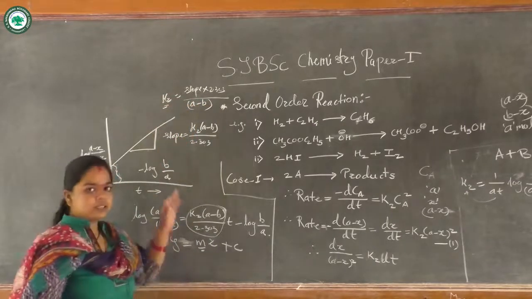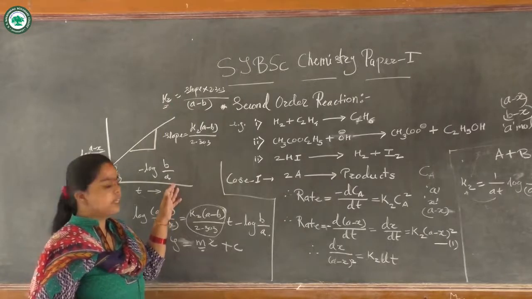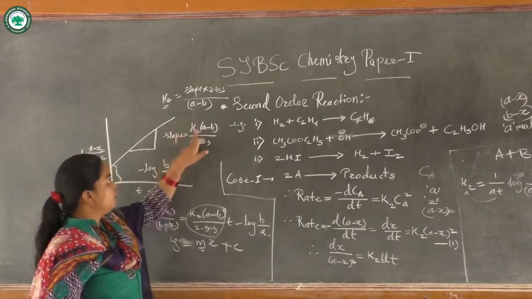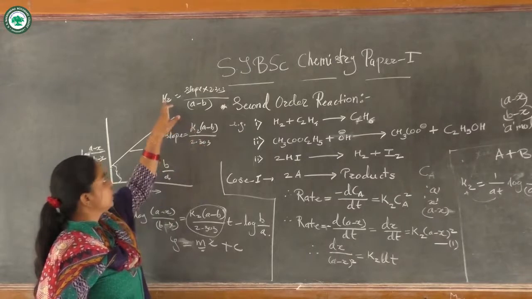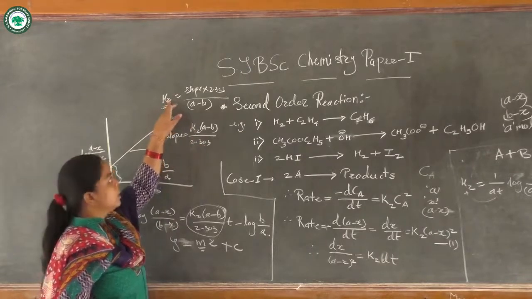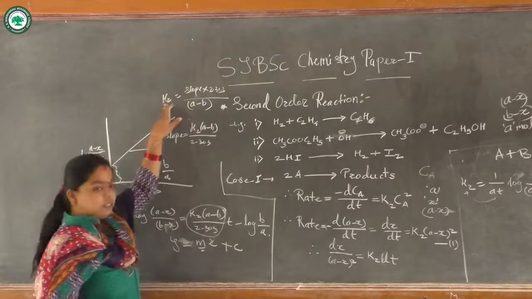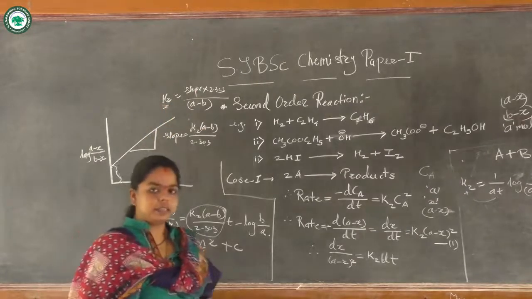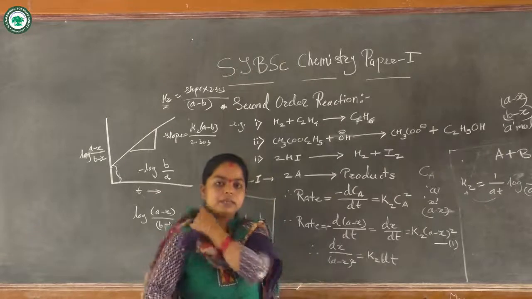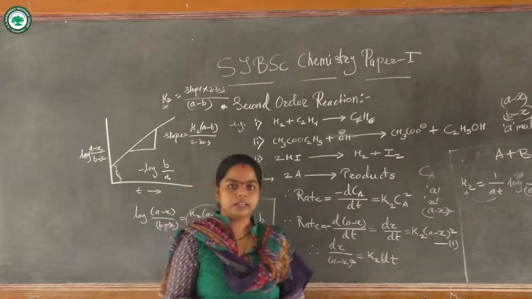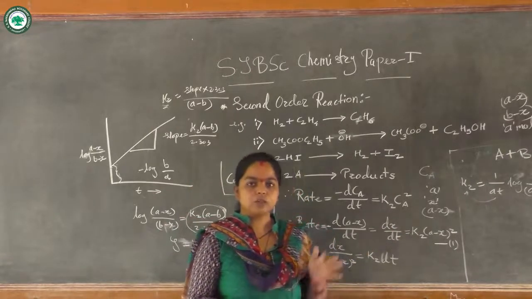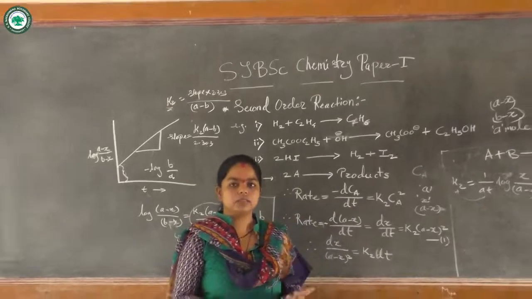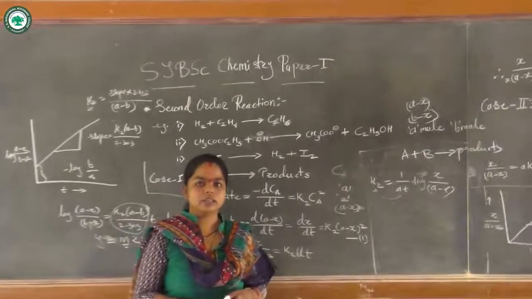So from this graphical method, the second graph is plotted, and from the slope we can calculate the value of k2, the second order rate constant. By solving the mathematical expression, we get two equations here, and from these two equations we can calculate the value of the second order rate constant.